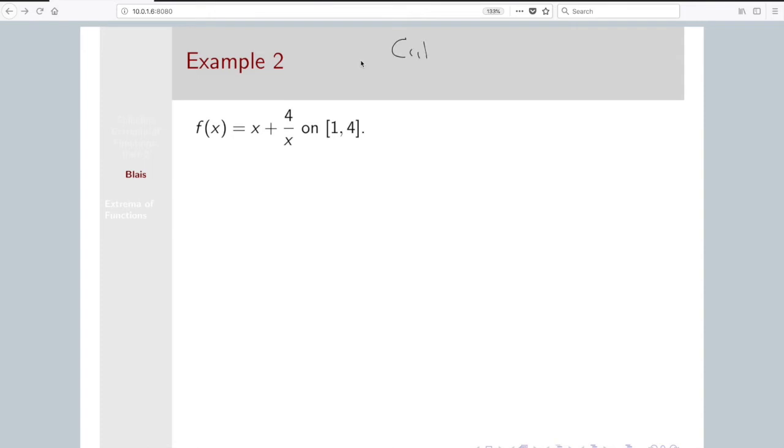Let's check for critical points. Always the first step. We have f prime of x is 1 minus 4 over x. Remember, it always helps to rewrite these things, so we can write it as 4x to the minus 1. When we differentiate 4x to the minus 1, we get minus 4x to the minus 2, or 1 minus 4 over x squared.